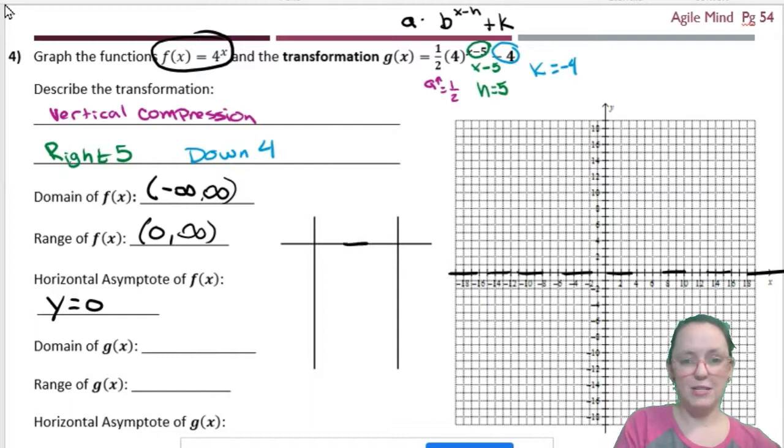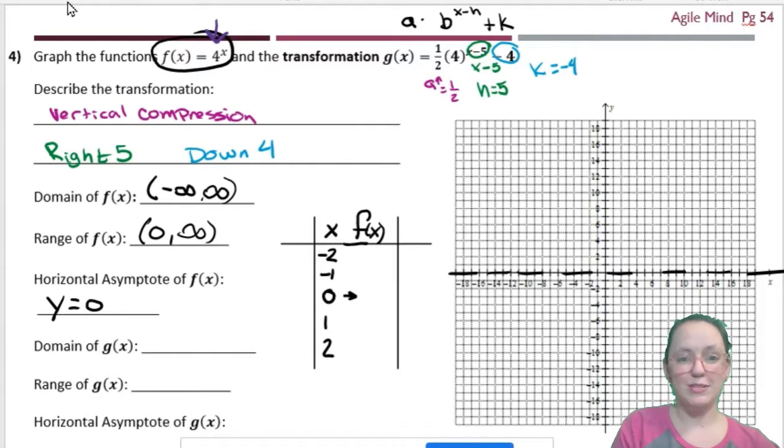So I'm going to fill in my table with my x values so that we can find our f of x values. My x values, the ones we picked, those ones in the middle, it's our negative 2, negative 1, 0, 1, and 2. And we plug those into our f of x function up here, our 4 to the x. So we can start in the middle here. It makes it simpler. 4 to the 0 is 1. 4 to the first is 4.